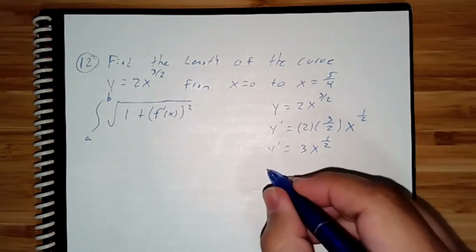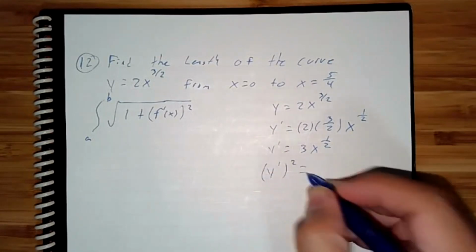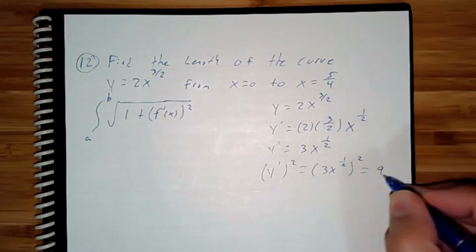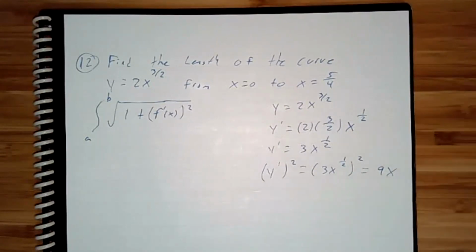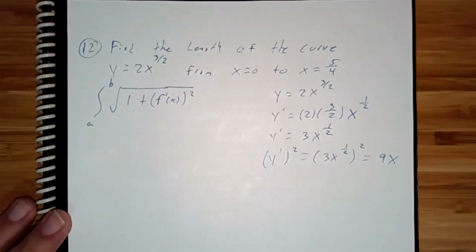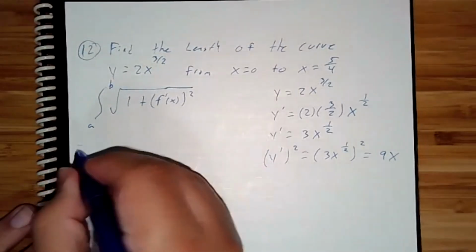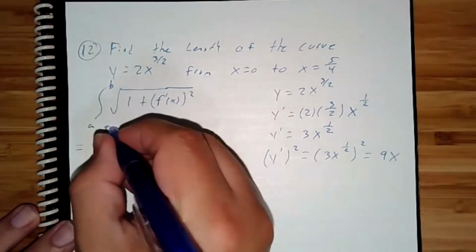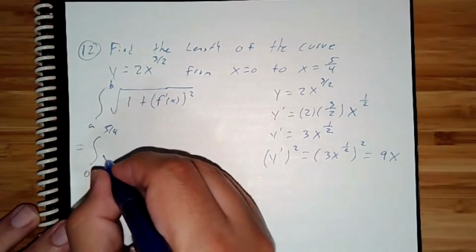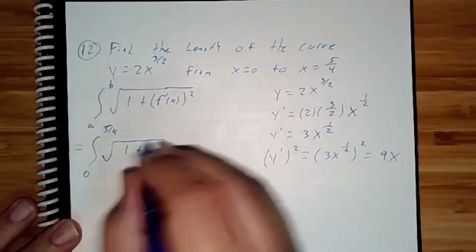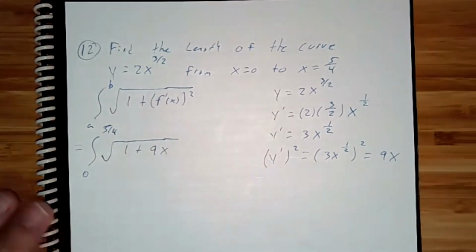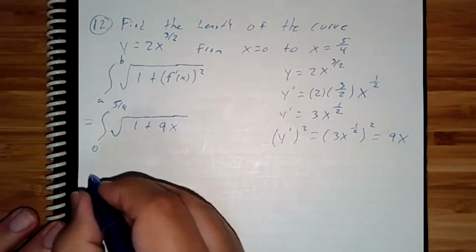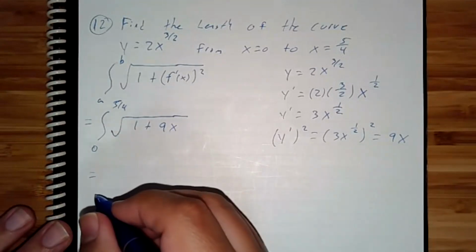Let's go ahead and square it now. That gives us 9x. All right. So then the formula would be the integral from 0 to 5/4. That's a stupid number. Square root of 1 plus 9x dx.